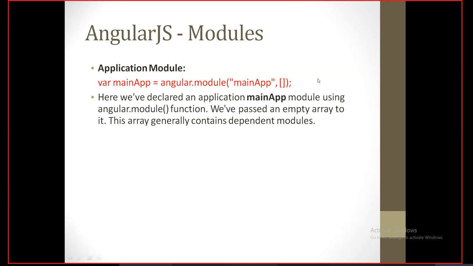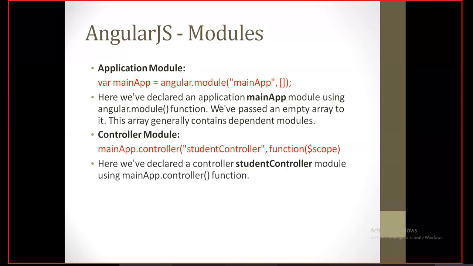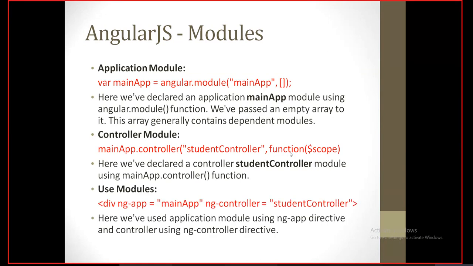Next, in order to create the controller module, we saw that whatever reference we got for the application module in this variable, for that reference we will define the controller using the controller function. We'll name that controller, and we'll define a function for that controller to perform. So, two types of modules.